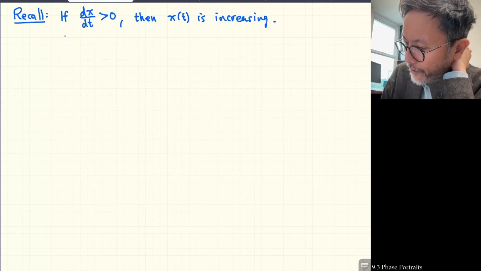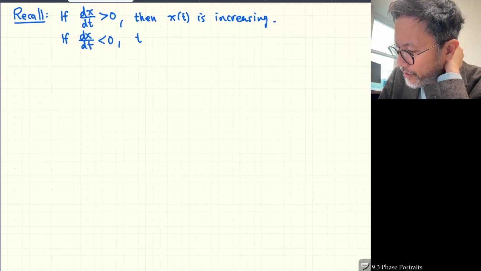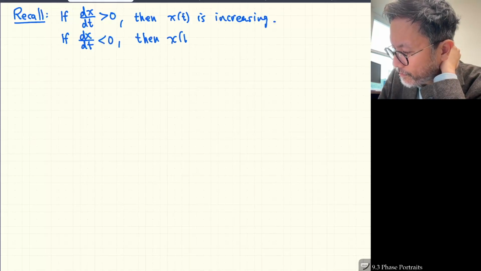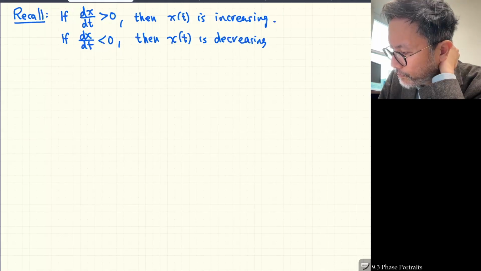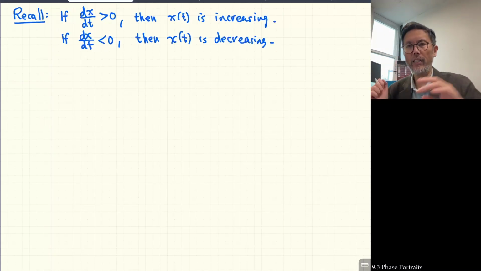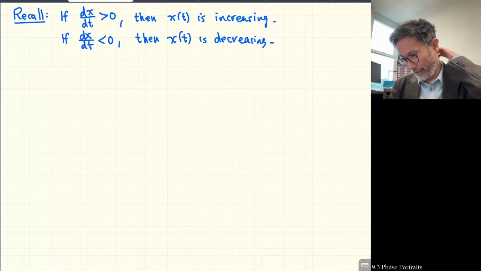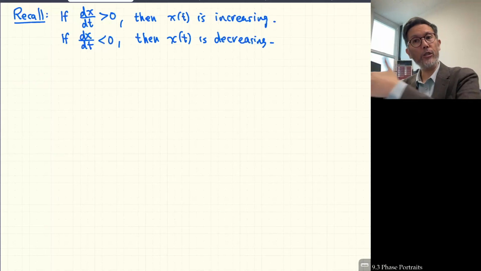And similarly, if dx dt is negative, then x of t is decreasing. In other words, the sign of the derivative is tied to the monotonicity, that is the increasingness or decreasingness, of x. Important idea. You learned about it in your single variable calculus class, I hope. But we're going to use that here.